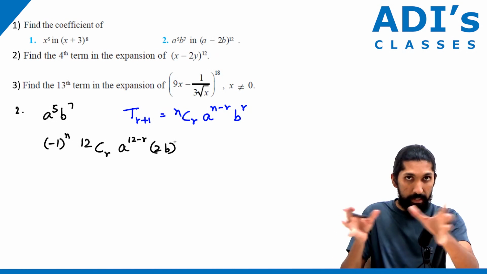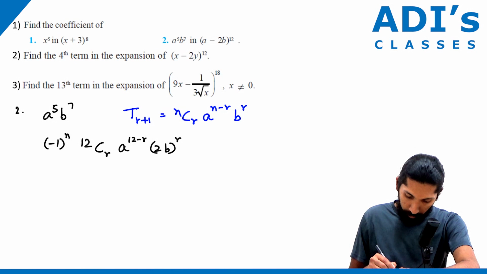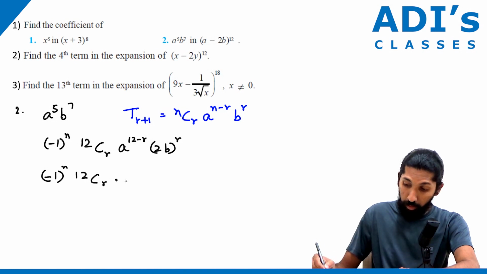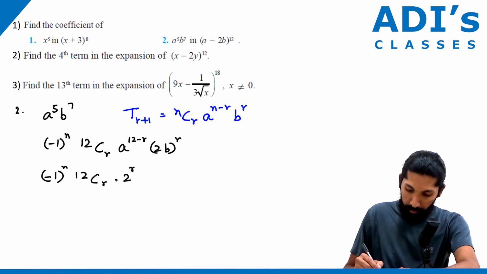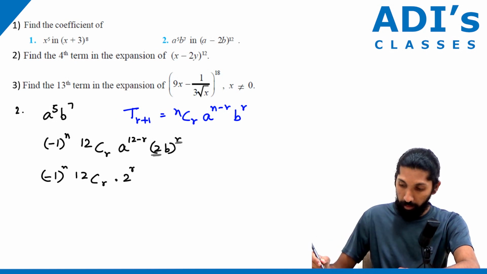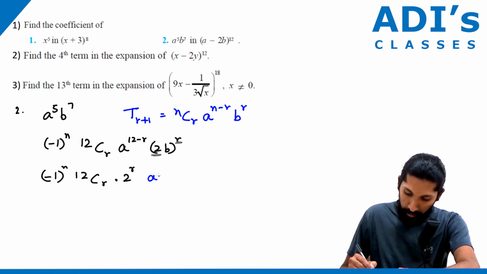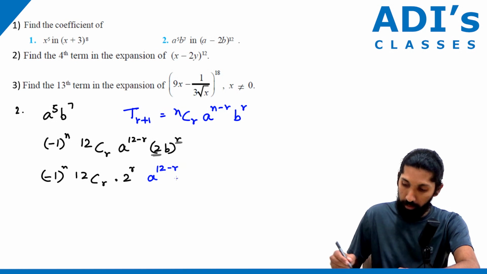Okay, let's segregate things. That means we'll write minus 1 to the power of r into 12Cr into 2 power r. The 2 power r, we are going to get from here. Then here you are going to get a to the power of 12 minus r into b to the power of r.